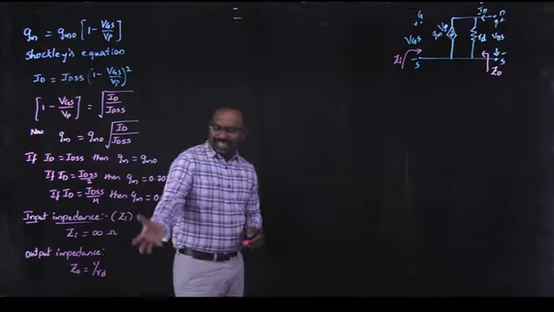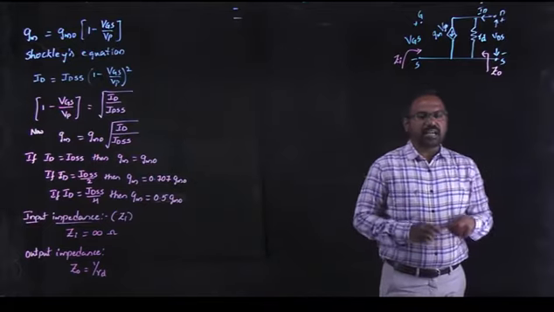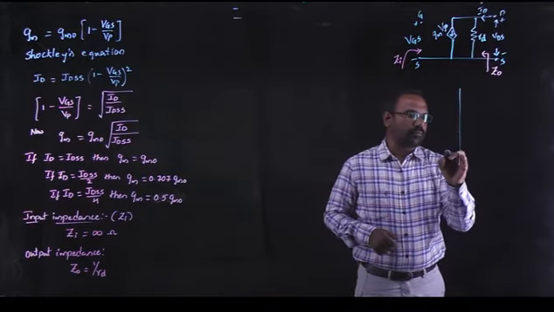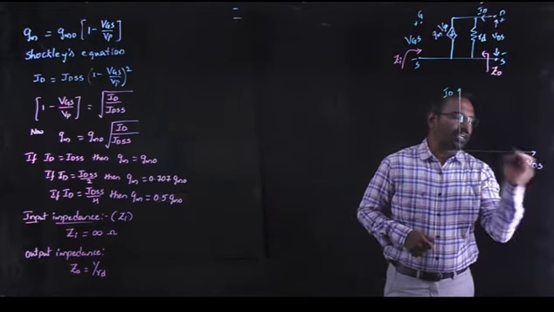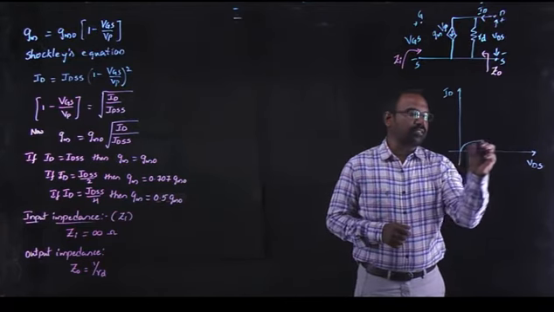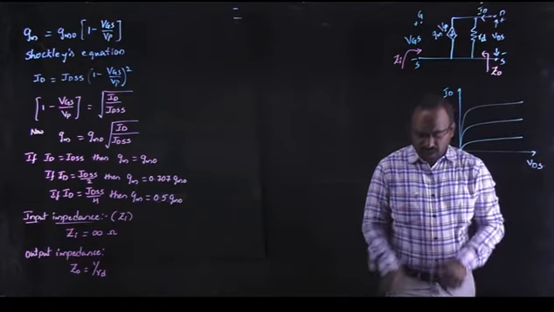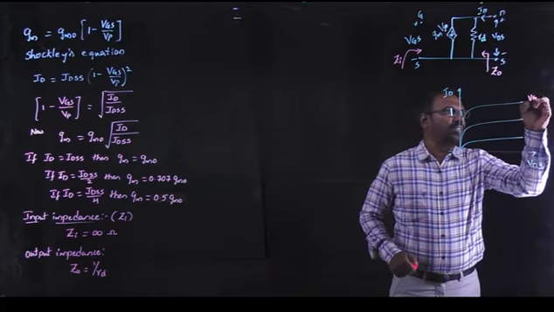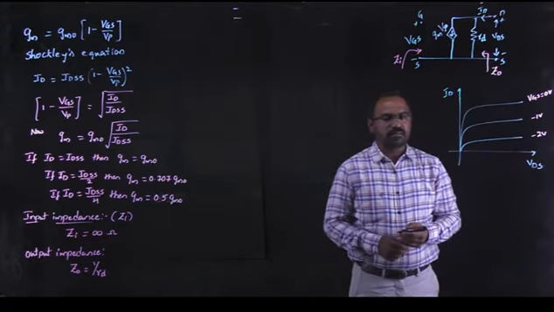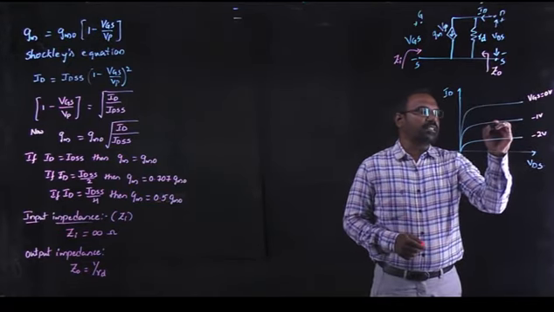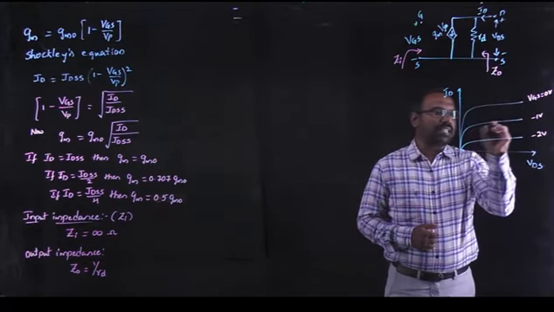Generally we can calculate this output impedance from the output characteristics curve also. Here I am writing the output characteristics. The output characteristics are drawn between ID versus VDS. The characteristics are like this. This is the situation when VGS is equal to 0 volts, this is minus 1 volt, this is minus 2 volts. Let us assume VGS is equal to minus 1 volt and the quiescent point is here. So we have to draw a tangent line on this.